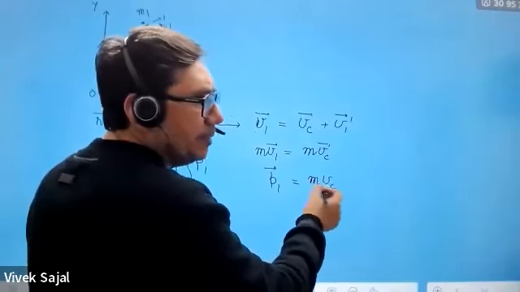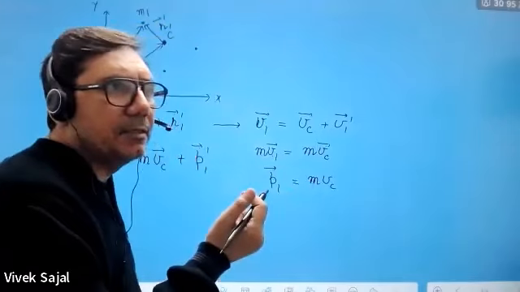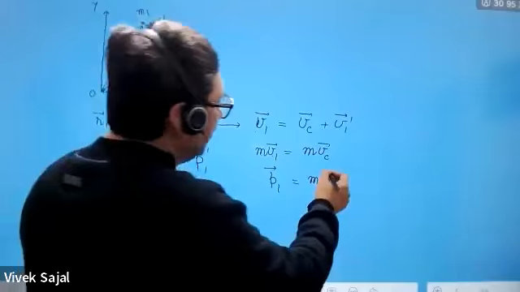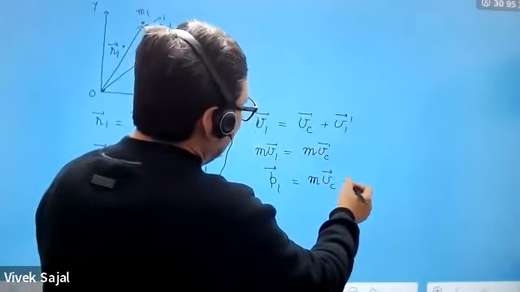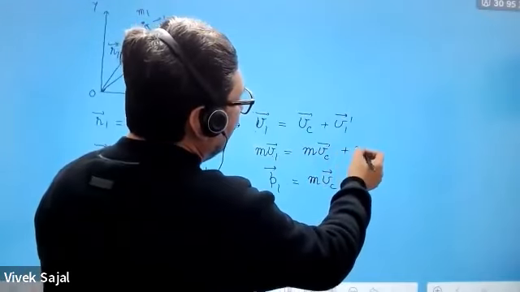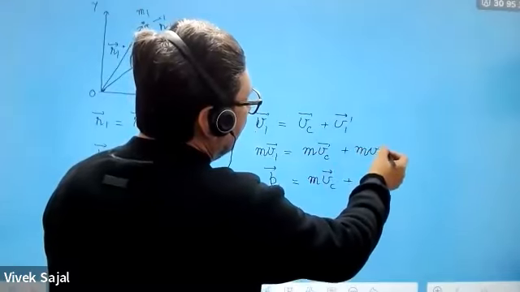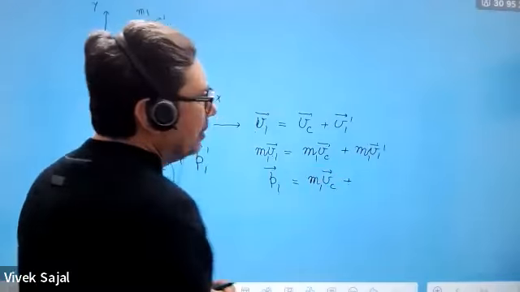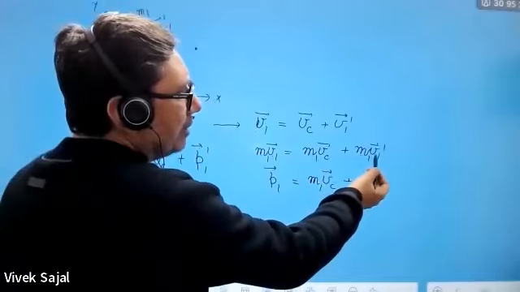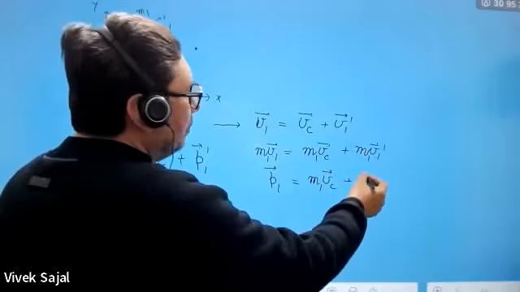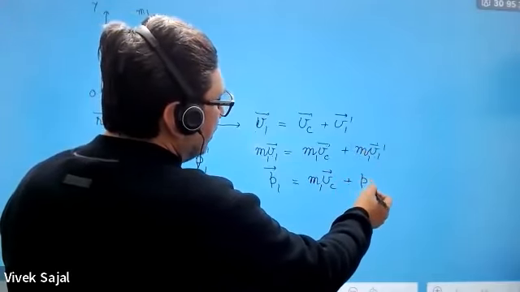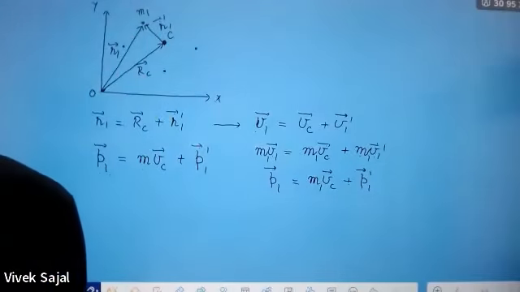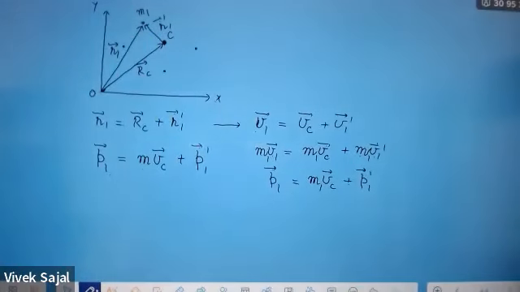I cannot write it as PC because in case of PC, it should be the total mass of the system. Plus this will be M1 times V1 prime. This mass as well as this velocity are for the individual particle, so I can write it as P1 prime. In this way, I have written this equation.